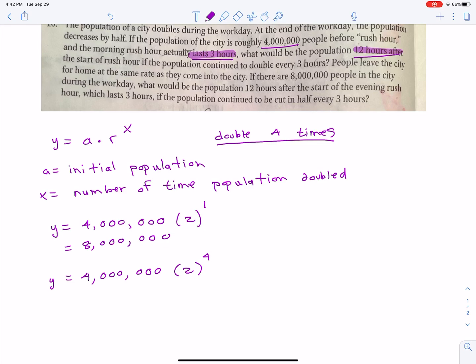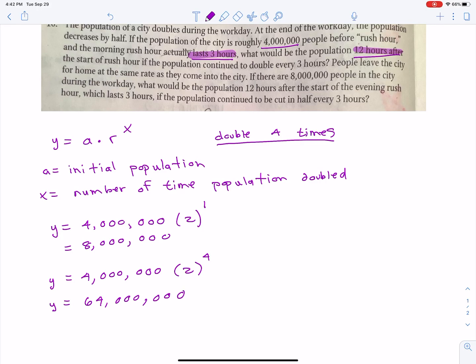So I get 4 million times 2 raised to the 4th power, or times 16. And I get a lot of people: y equals 64 million people.